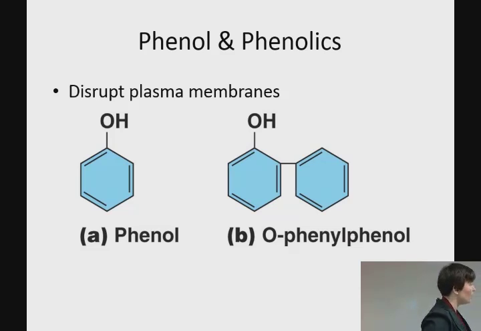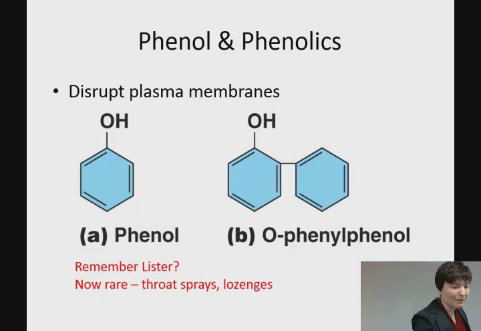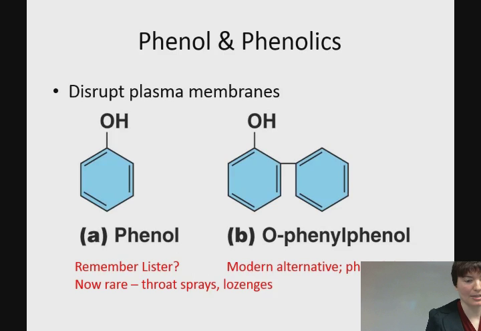This is a phenolic, and it was developed because phenol, while effective, is an irritant. So you most likely are only going to see it now in throat sprays and lozenges, and there are derivatives of phenol that are more commonly used instead because they are less irritating.